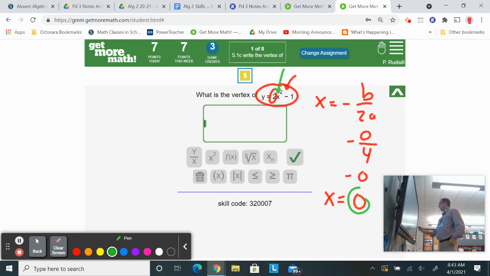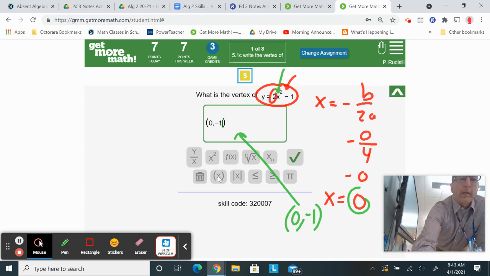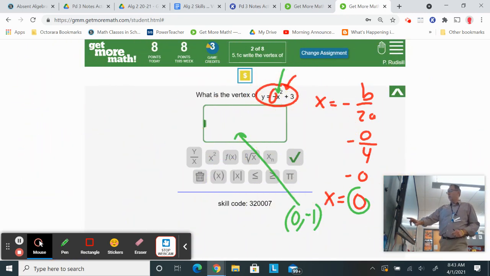So my vertex, when x is 0, I get out a -1, and that's what I want to type in here. So I grab my parentheses, 0 had to be the x, and the vertex is going to be 0, -1. So let's tap that. Do one more here.